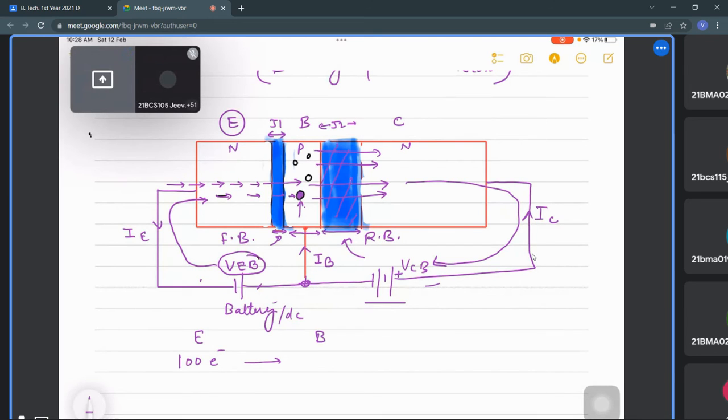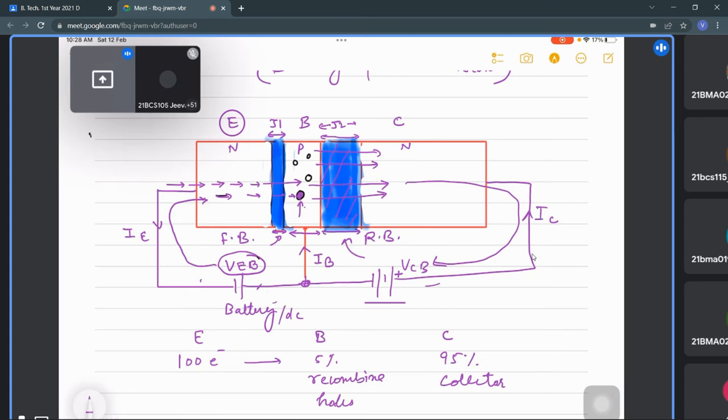In the base, 5% of them are recombined with the holes, and 95% of them go towards the collector. Okay, so the collector is reverse bias. It creates a very strong electric field. So here, because of this, we have a very strong electric field.